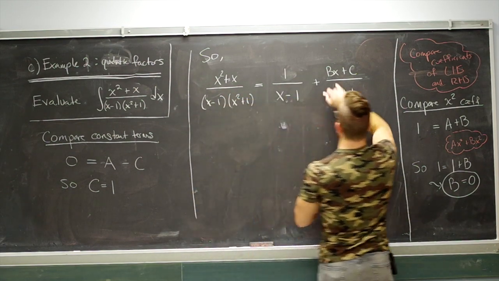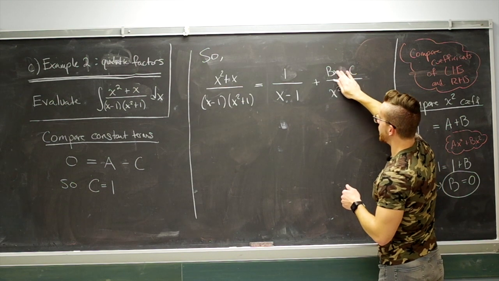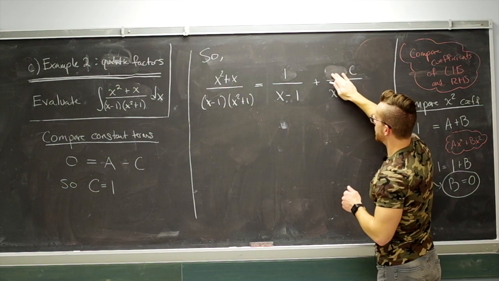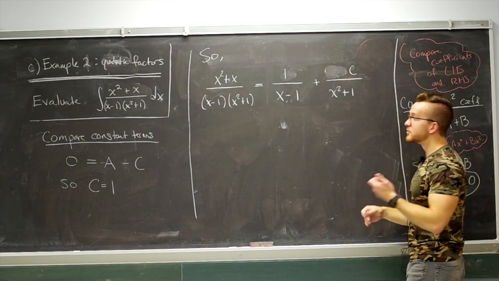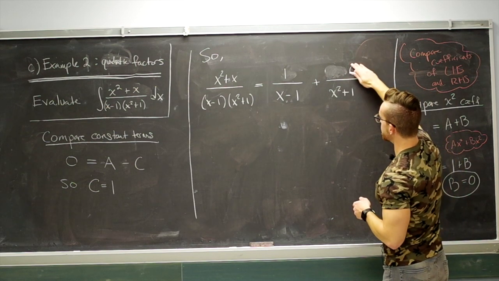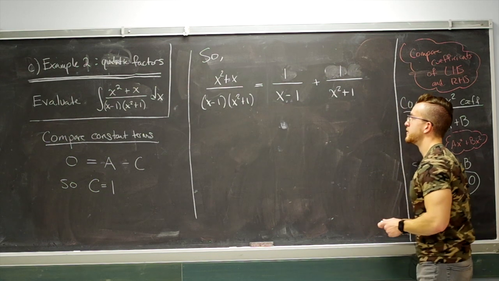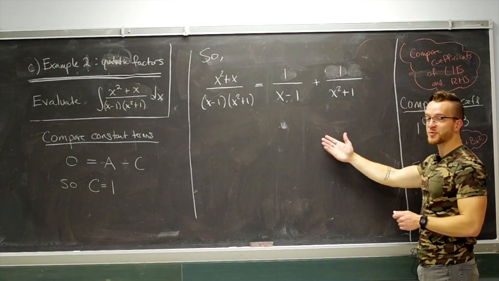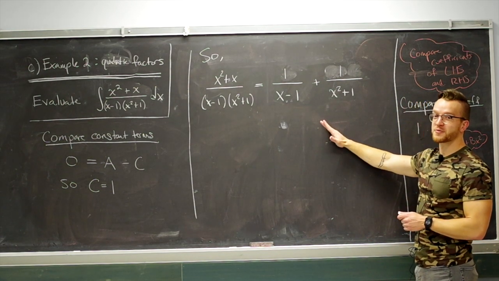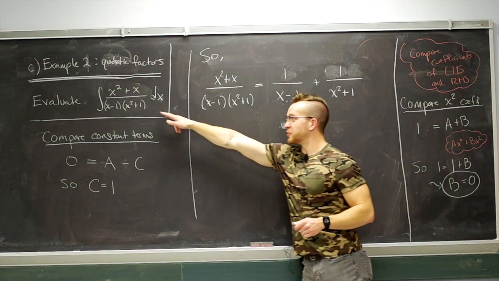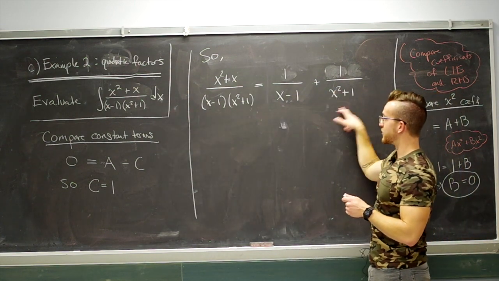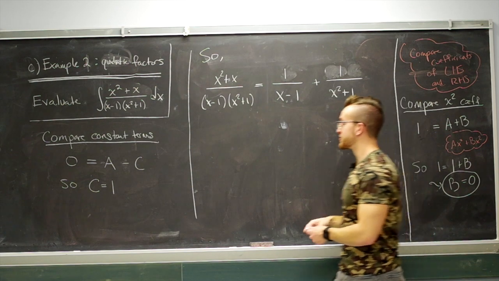B was 0, so there actually was no x term here. But there could be, so you do have to check. And then c was 1. Cool. We've decomposed it. We've done the partial fractions. Now, evaluating this integral is just a matter of evaluating these two integrals.